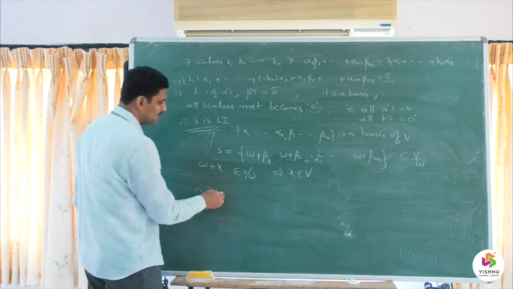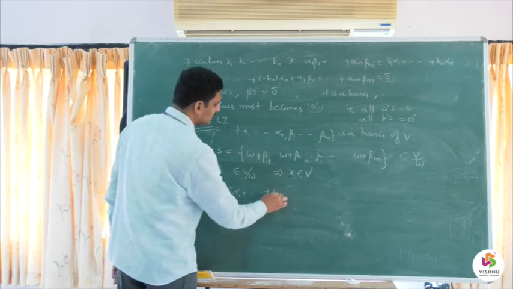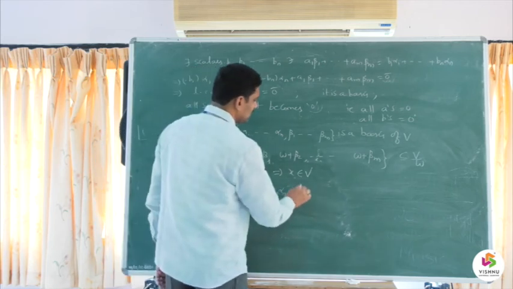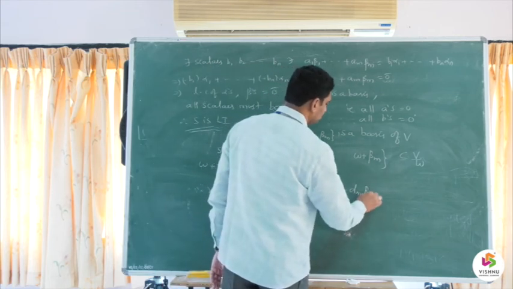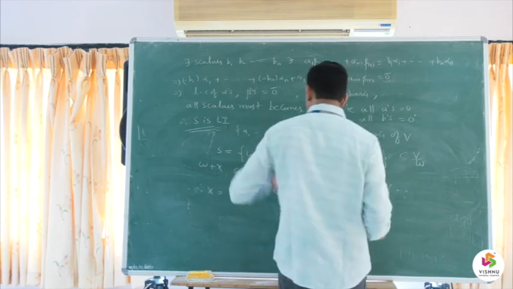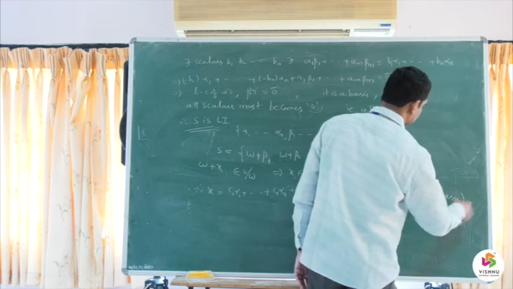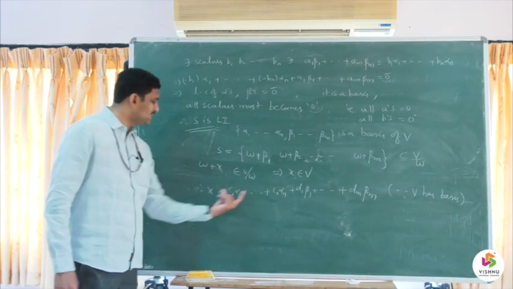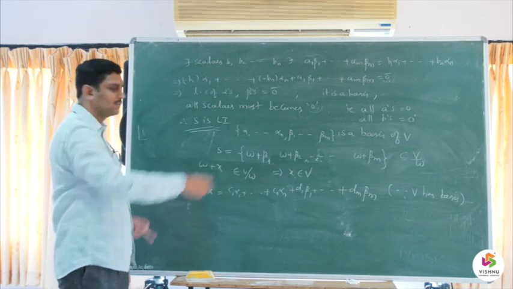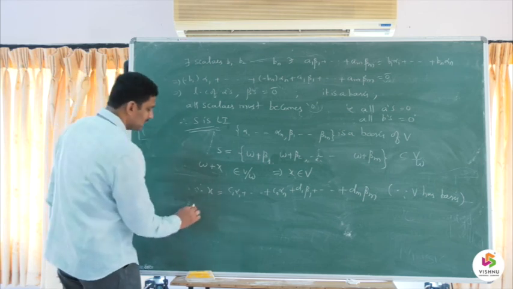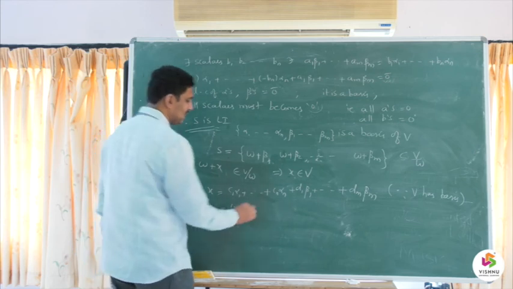So you can write X is equal to, by taking some scalars, C1 alpha 1 plus so on plus Cn alpha n plus D1 beta 1 plus so on plus Dm beta m, since V has a basis. Now, to this expression, you add W on both sides. So you can say W plus X is equal to W plus this entire thing.